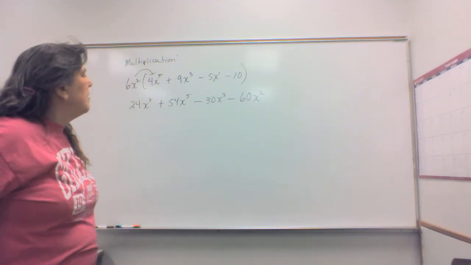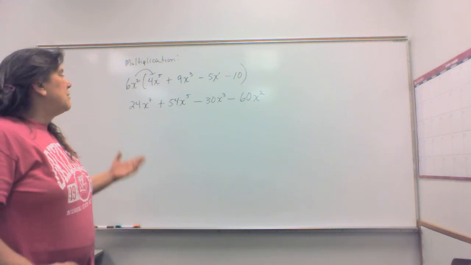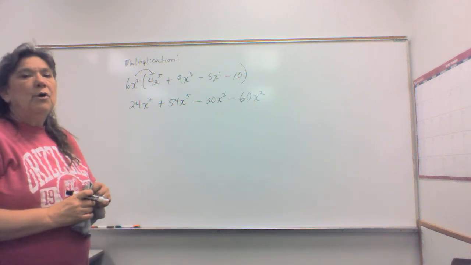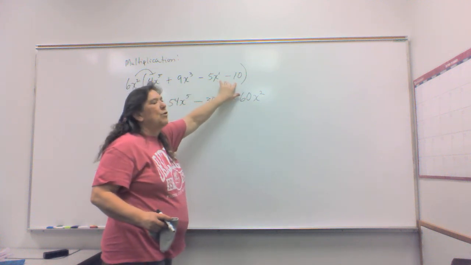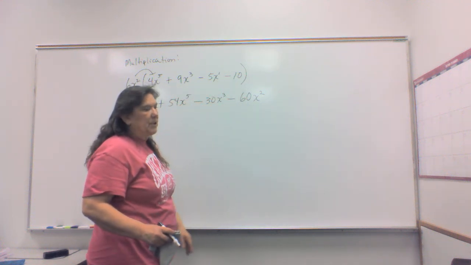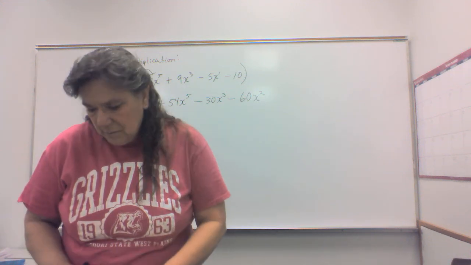Okay, so now there's no like terms, so that would be your final answer, multiplying a monomial times something with more than one term inside the parentheses. So there you have it. That's how we use monomials.